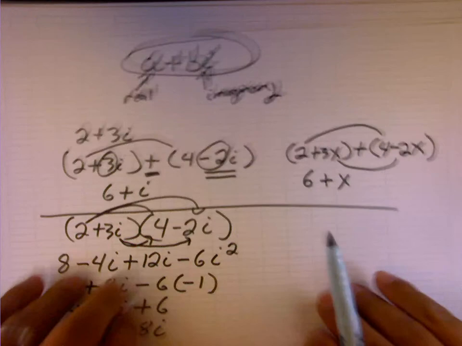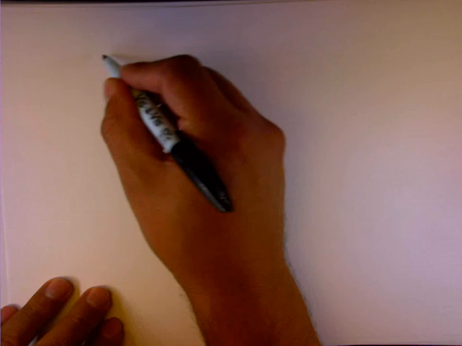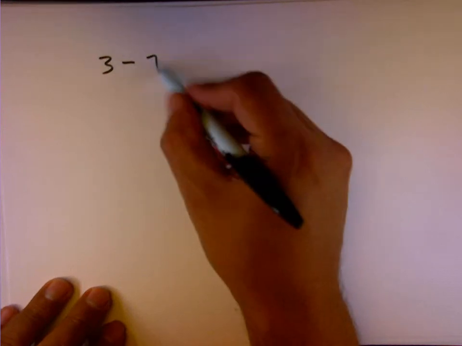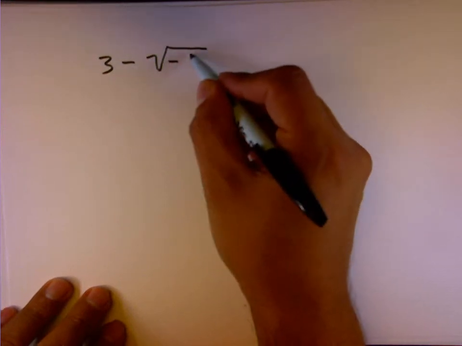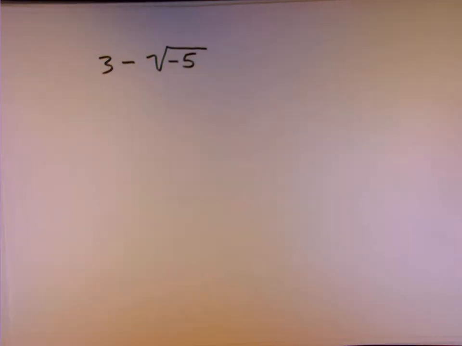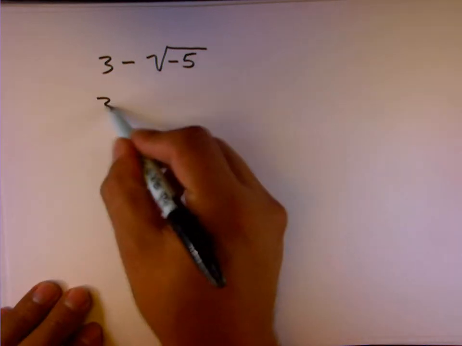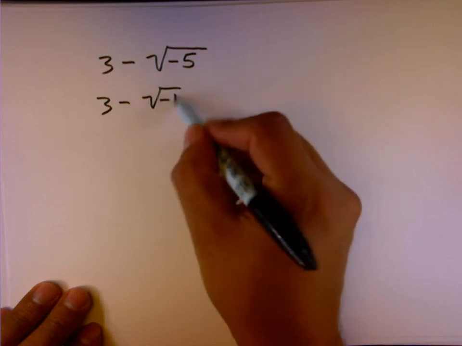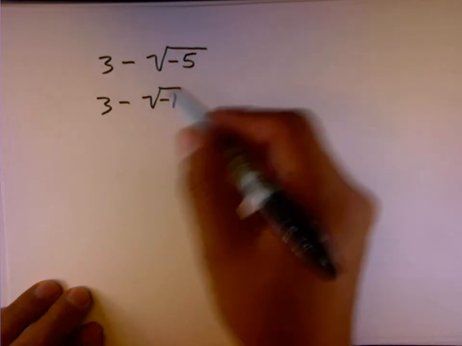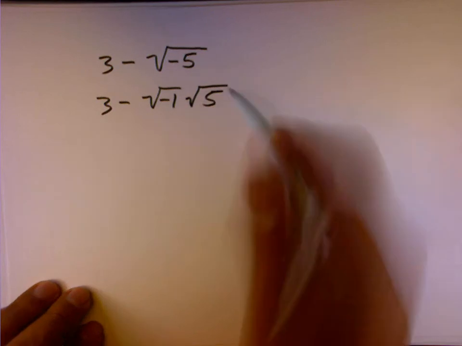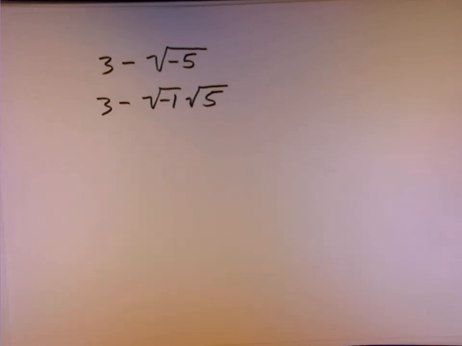For instance, if I had a number that looked like this, and I want to write this number as a complex number in the standard form, what I will do is separate out the square root of -1 and the square root of 5 as two separate values. The square root of -1 I will write as i.